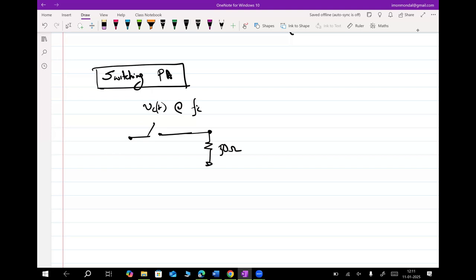So what I'm essentially saying is, if this is V in T, with frequency at FBB, what prevents us from directly connecting to 50 ohm? Which is ideal. Everything is ideal.